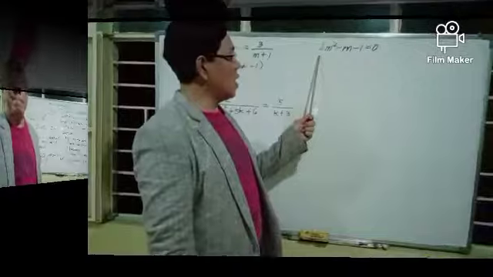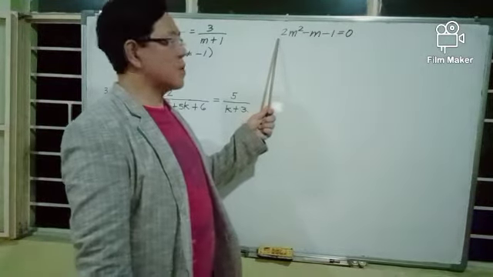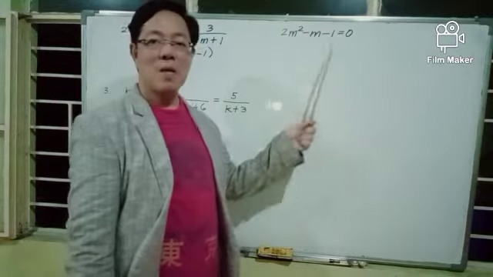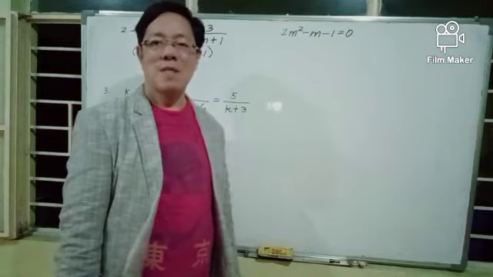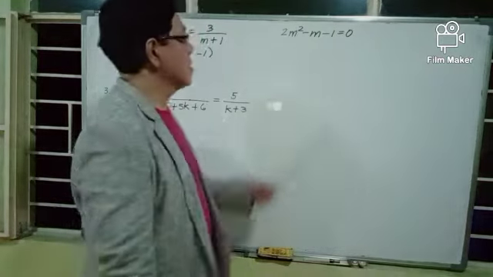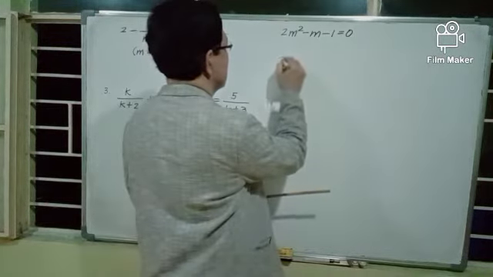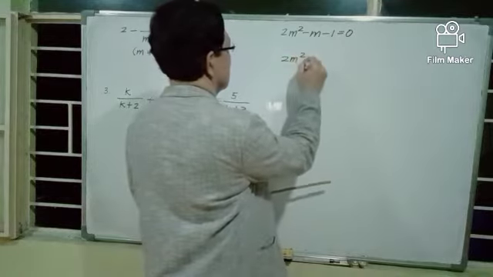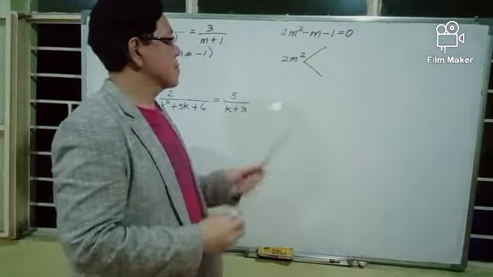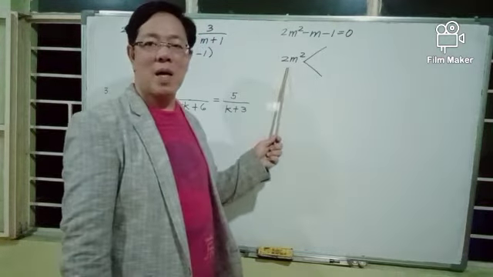We now factor out the left-hand side of this quadratic equation. That is, we factor out this trinomial 2m squared minus m minus 1 by the method known as TAE or trial and error. We start with the first term, 2m squared. 2m squared can be factored as 2m multiplied by m.